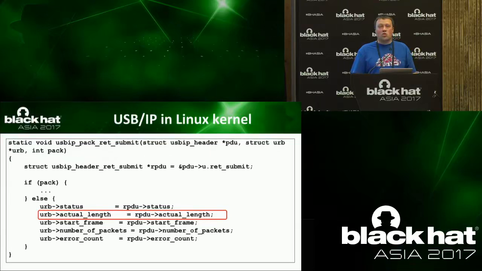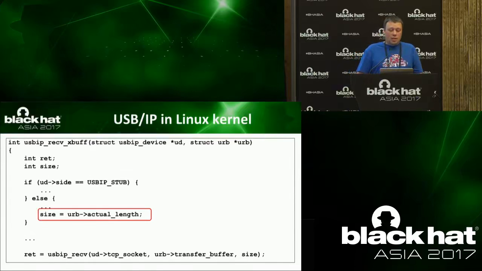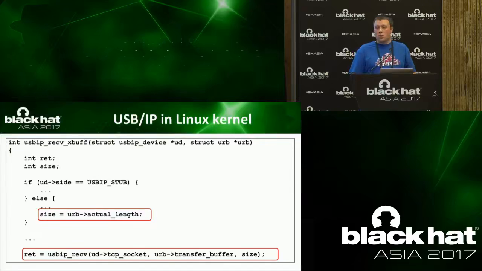This data structure is used by the kernel to pass data between different USB subsystems, device drivers, and the devices themselves. And if you look into the part that receives the rest of the data, you see that this value is then used to initialize a local size variable, and then this size variable is used to receive the rest of the data.